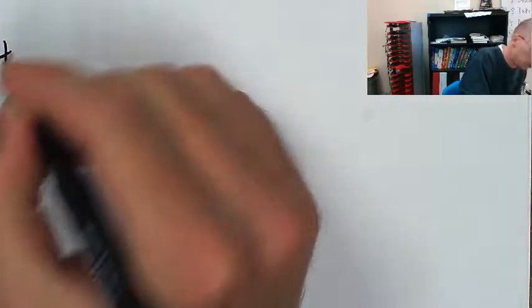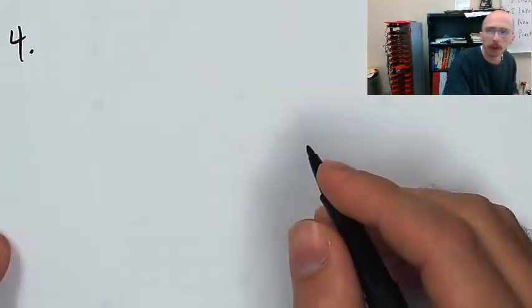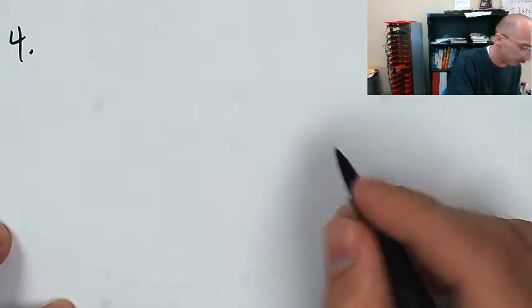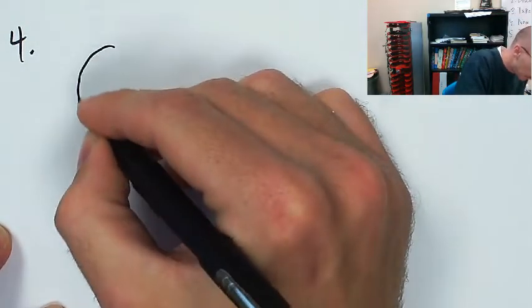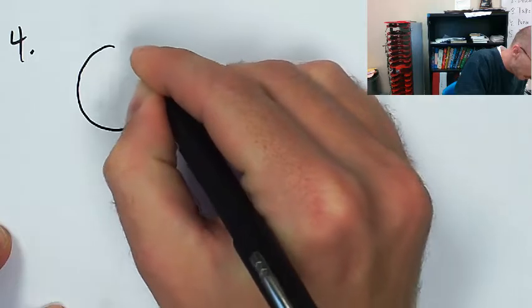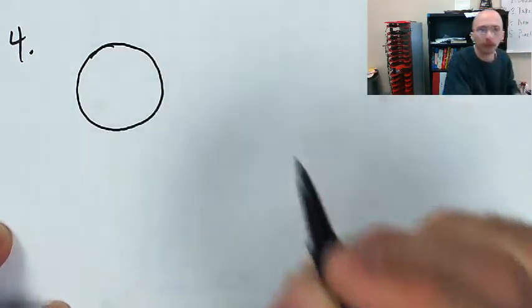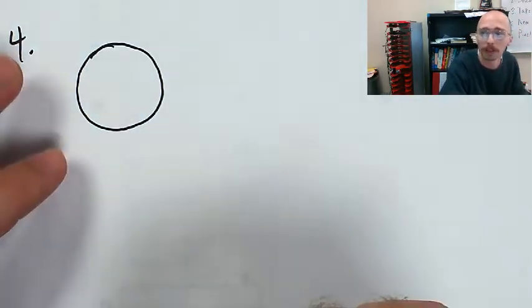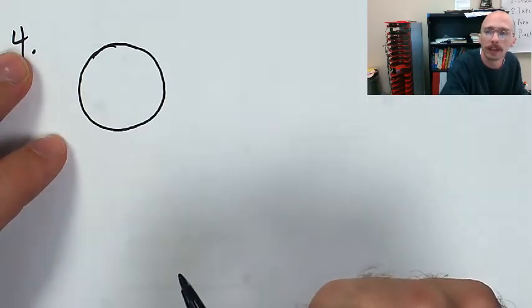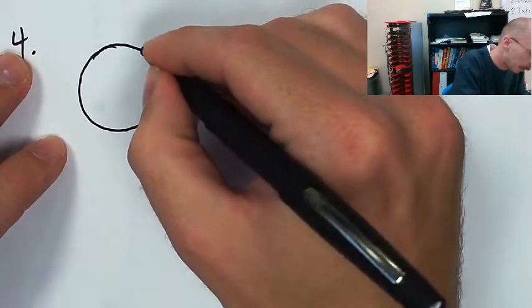This one is kind of a challenge question. S is a sphere with radius 9 centered at the origin. There's just a fact from geometry, probably from your geometry class, that you most likely have forgotten by now.